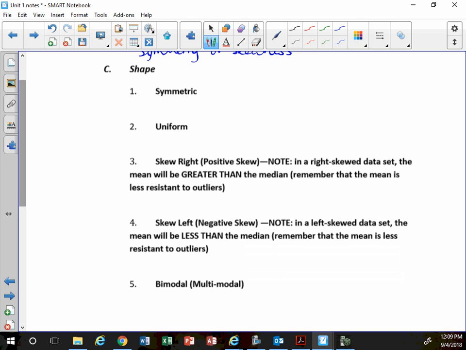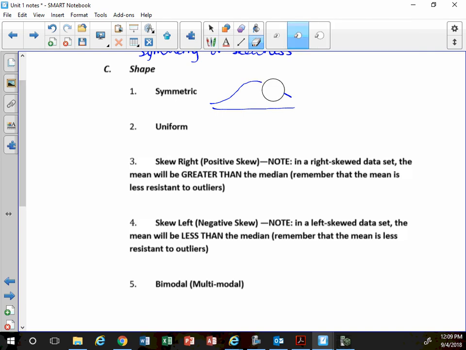All right, so a symmetric graph. A symmetric graph is going to be roughly the same on both sides. You could fold it in half and everything would match up. So you may have a histogram that is symmetric.